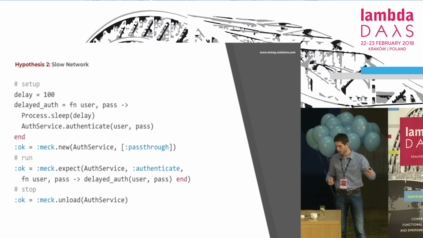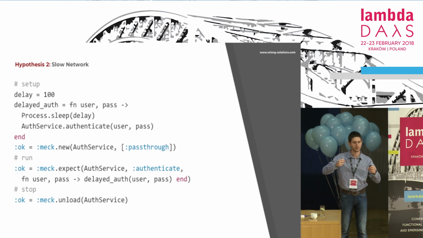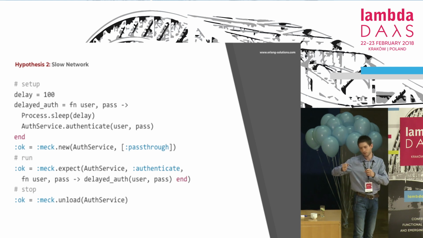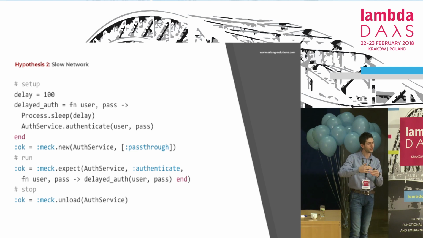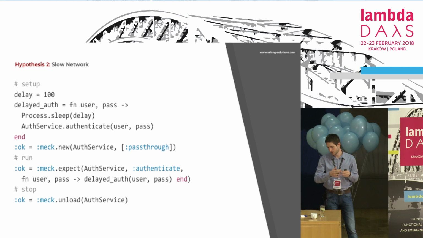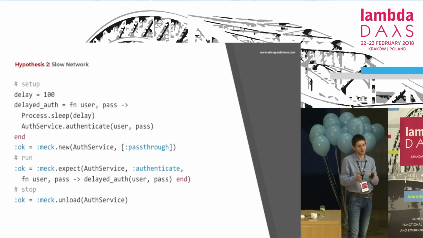And then through mocking, we would replace the original authenticate function with the one that we made up that had the delay in it, and set an expectation on a mock so that our function is called every time a user tries to log in, and finally when we are done with the experiment, we would unload the mock.